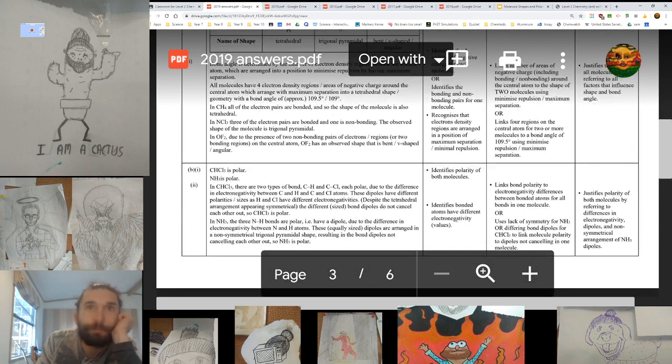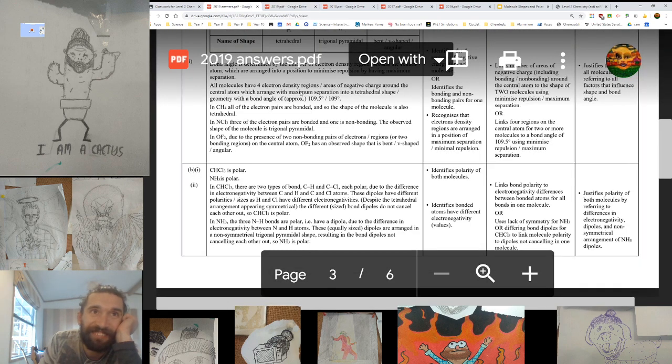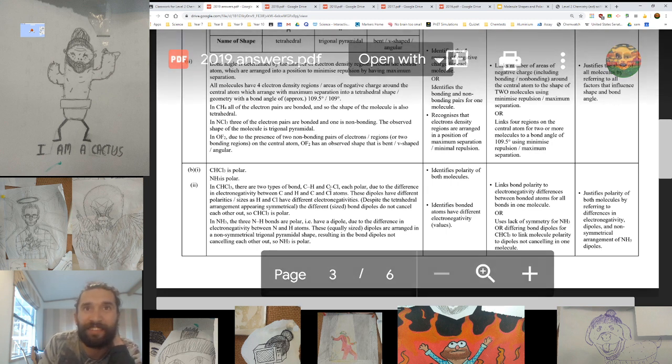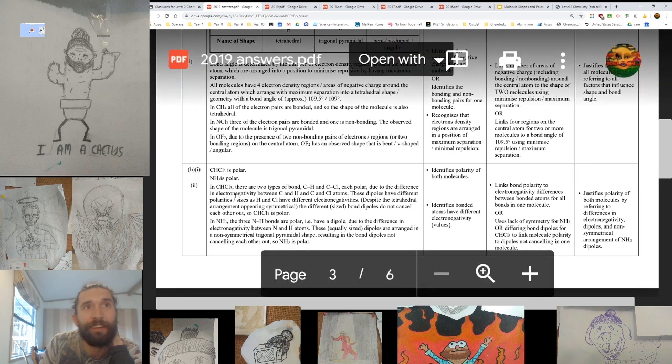All right. So for this question, for CH3Cl: in CH3Cl, there are two types of bond, C-H and C-Cl bonds, each polar due to the difference in electronegativity between C and H and C and Cl atoms. So first you identify the bonds are polar.